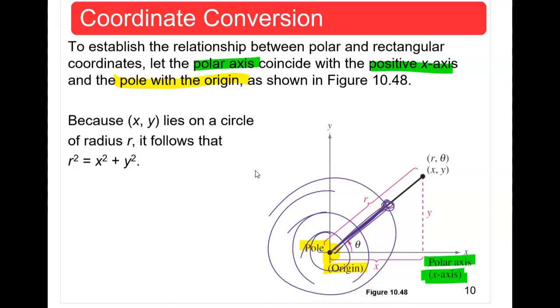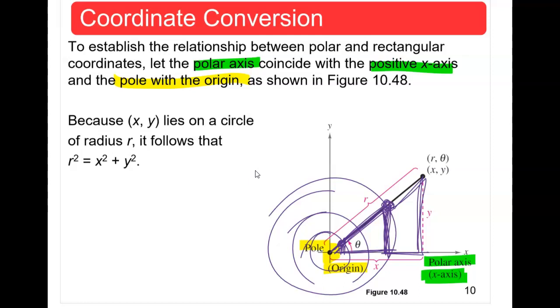And if we trace a vertical line from that point to the polar axis, you could see that we have a triangle. Of course, if that point is on the first circle of radius 1, that will be the unit circle. But based on similar triangles, which we already discussed back in chapter 4, that's how we can have the same trigonometric values.